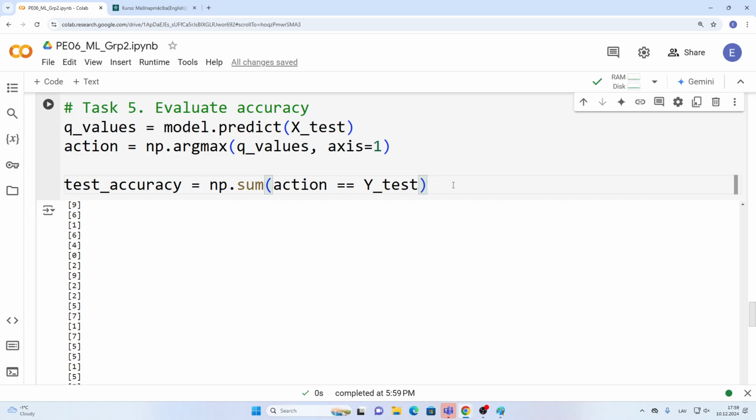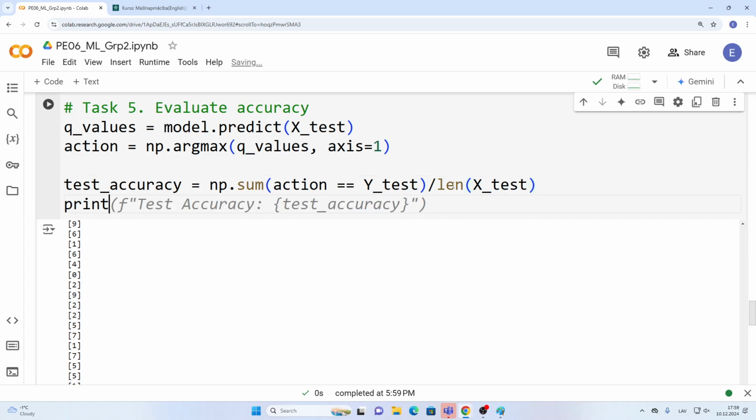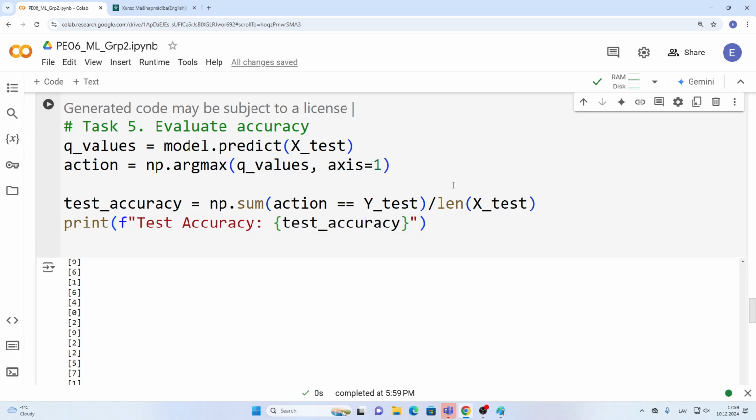It adds all plus ones together to give you how many times it was guessing correctly, and to say the probability wise, you need to count how many times there are total for length of X test. All that is left is to print out this accuracy, yes, and see how good it is.